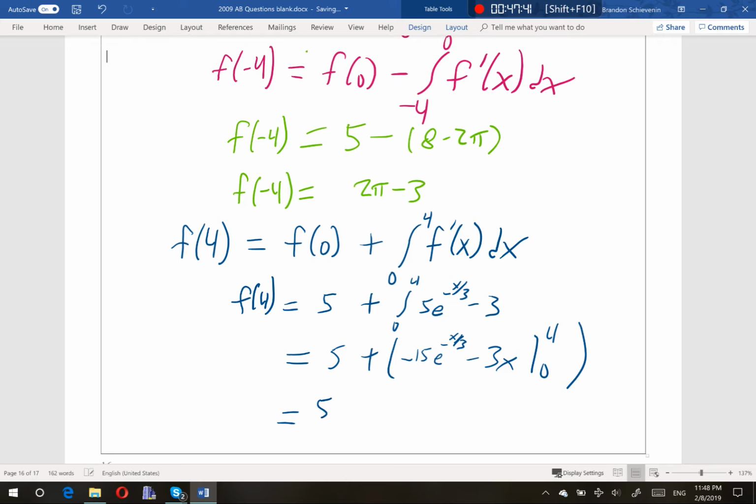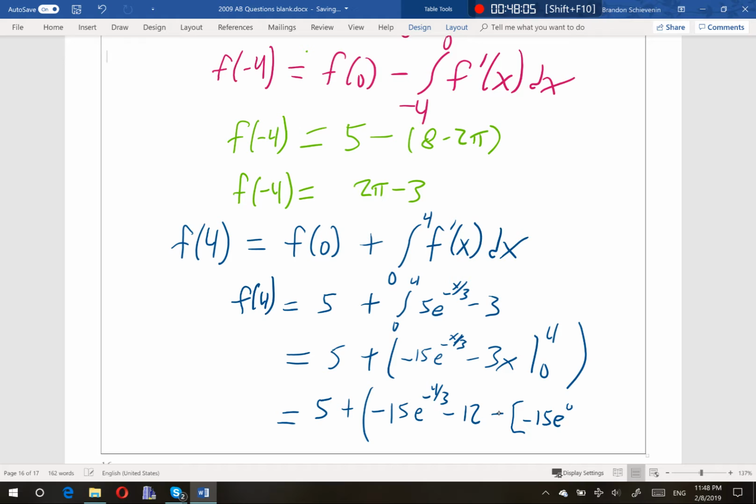Okay. So I'm going to pull our line down and we'll finish this off. If I plug in 4, I'll have negative 15 times e to the negative 4/3 minus 12. And then subtract my lower bound, minus negative 15 e to the negative 0 power.